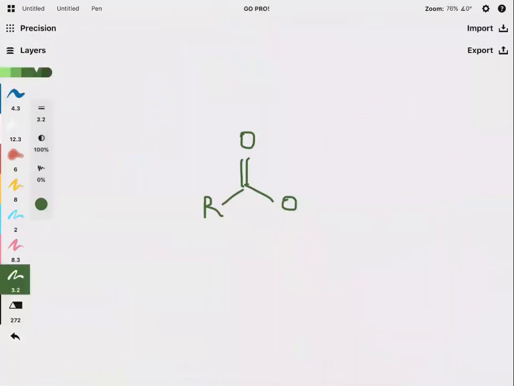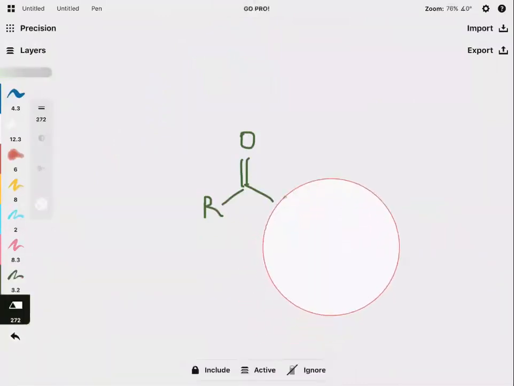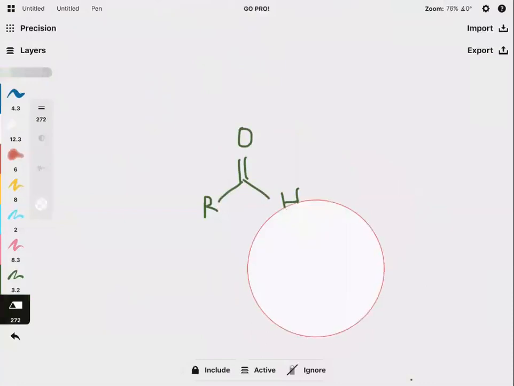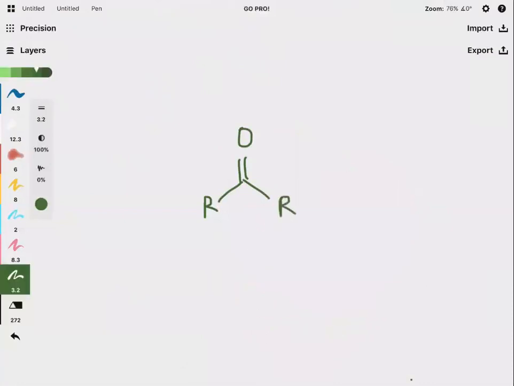If I said that, that's definitely an ester. If I said that, that would be an aldehyde. And if I said that, that's a ketone.